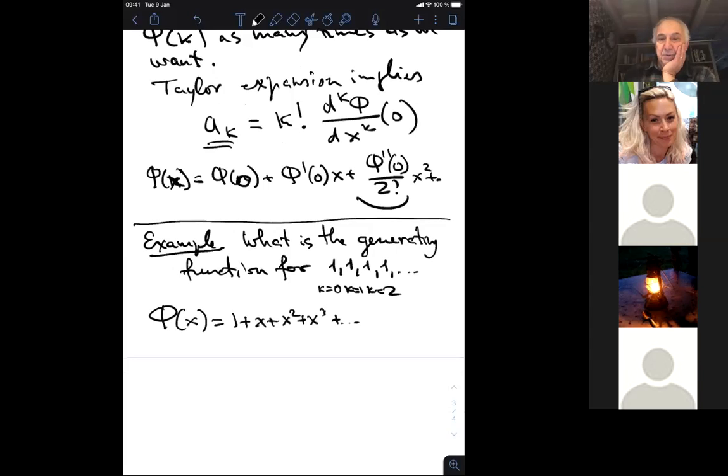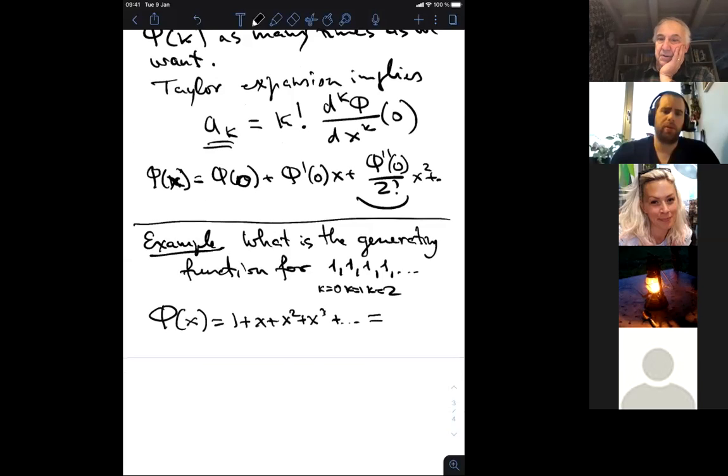So can you give me a different expression for this phi, a finite expression instead of the infinite series? Well, it's a geometric progression with the denominator x. So we can write it in the form 1 divided by 1 minus x.